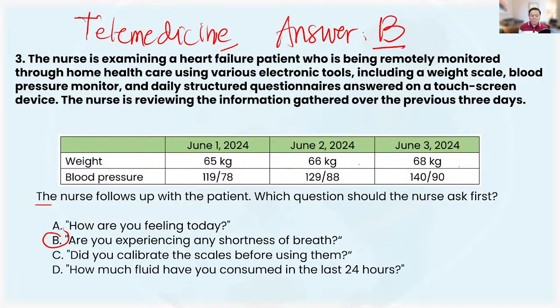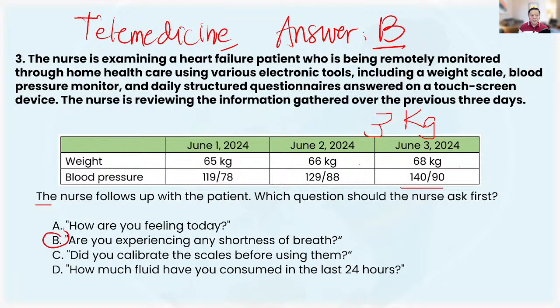Because while you're referring to the patient's blood pressure and weight, there is a significant weight gain. How much weight has been gained? About 3 kilograms. That is a lot of fluid retained. And take a look at the blood pressure, 140/90 compared to June 1st or June 2nd. That is a significant increase. There is now hypertension.